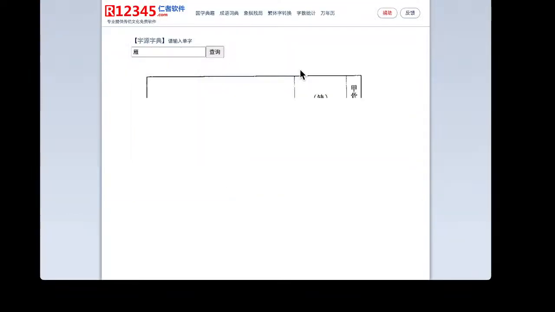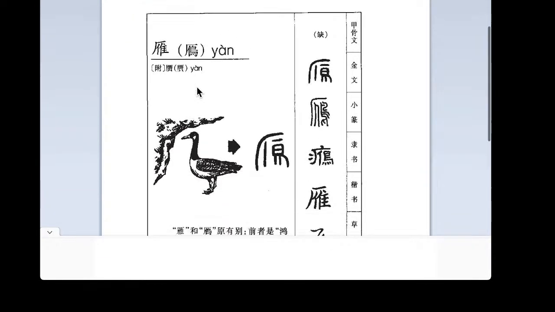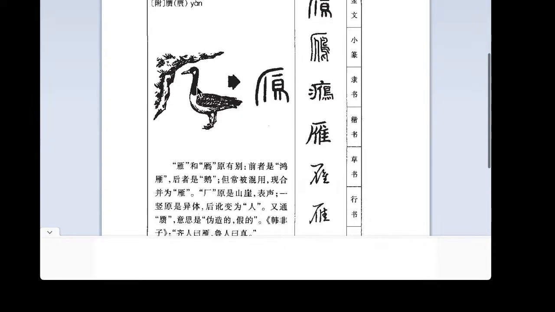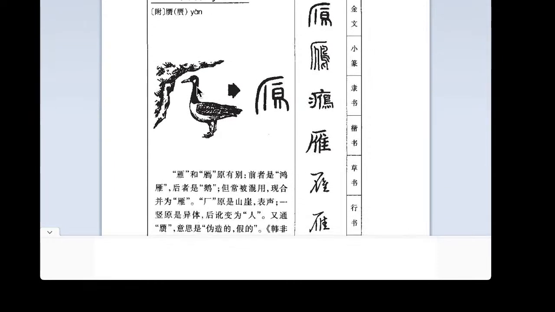This character again has those wings of a bird in it. This bird is what? In a cave or something? Yeah, nowadays usually we use a different character for geese and not this yin.